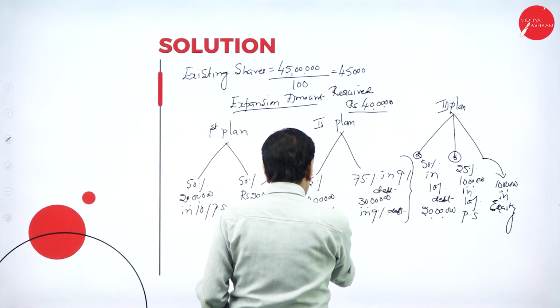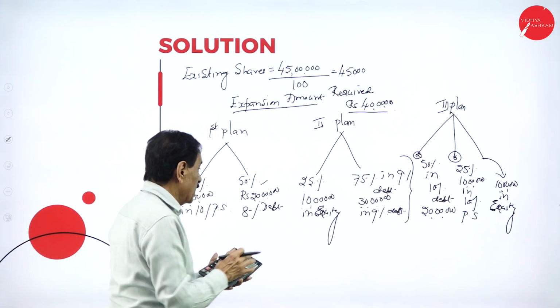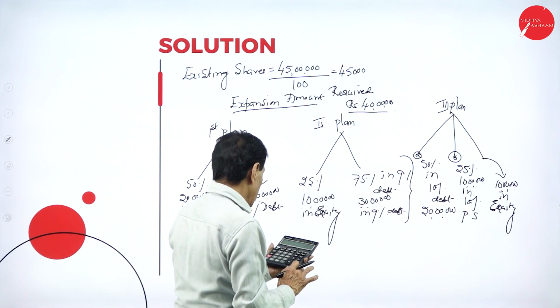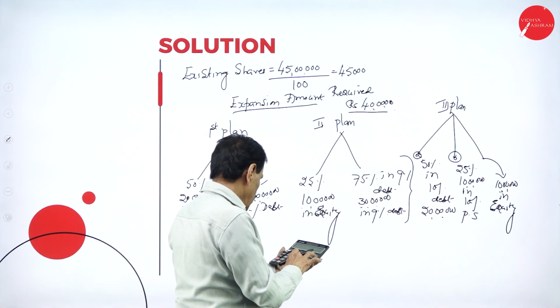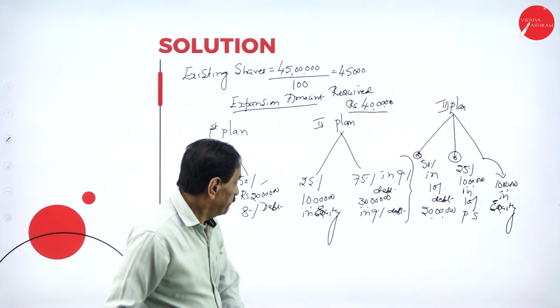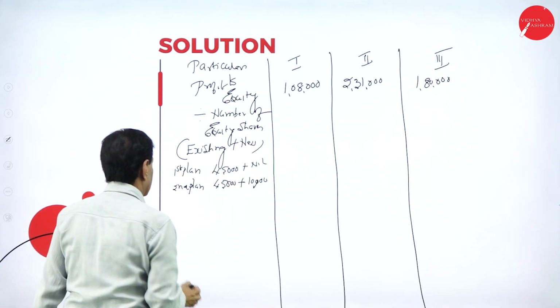Here 25%, 10 lakh divided by 100, 10,000.